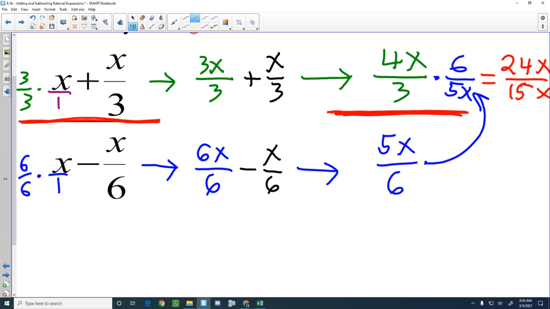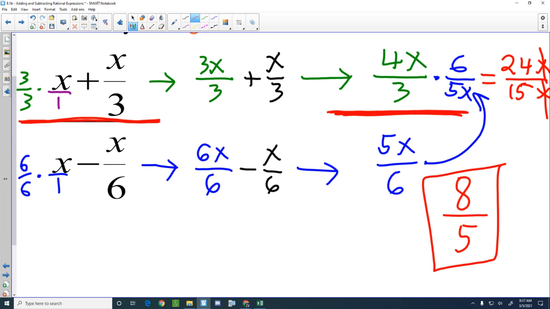I can simplify that. 24 and 15 are both divisible by 3. 24 divided by 3 is 8. 15 divided by 3 is 5. And then divide them both by x, right? There's an x on top and an x on the bottom, so those would both cancel out. No more. So that's 8/5.